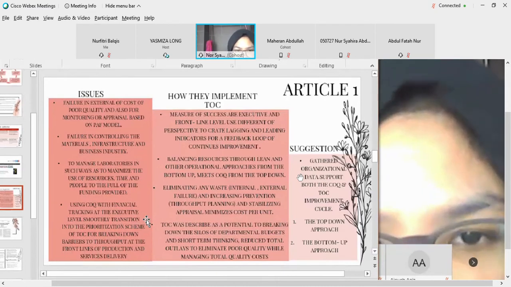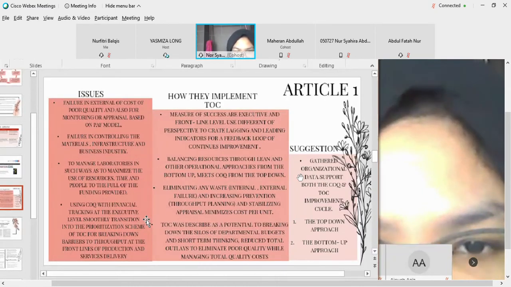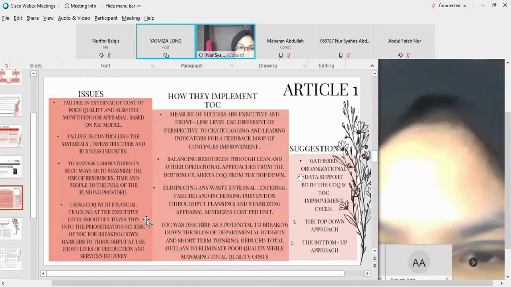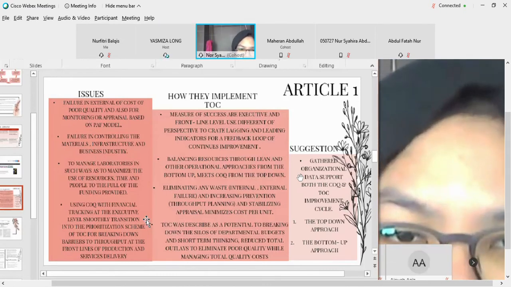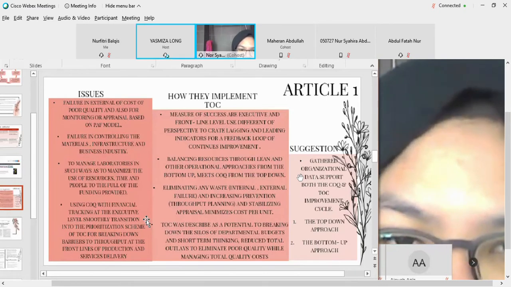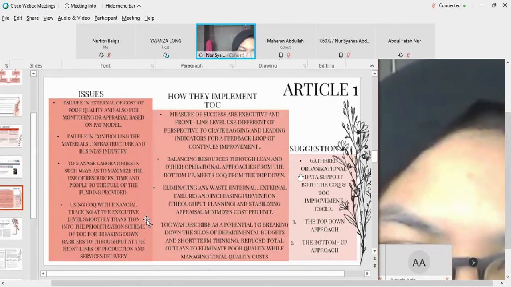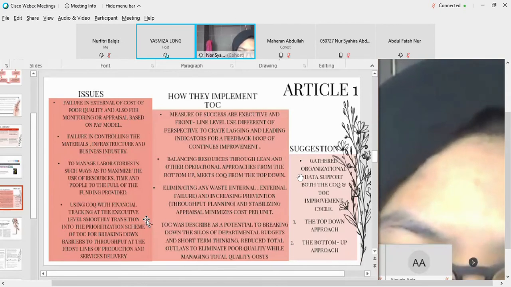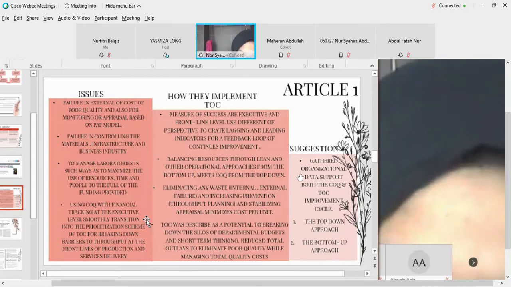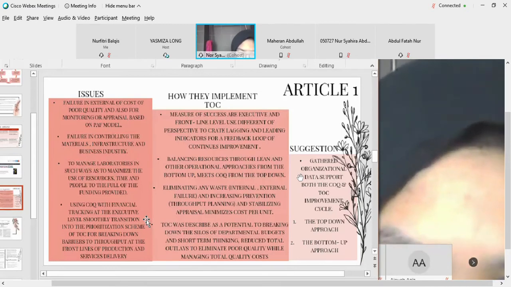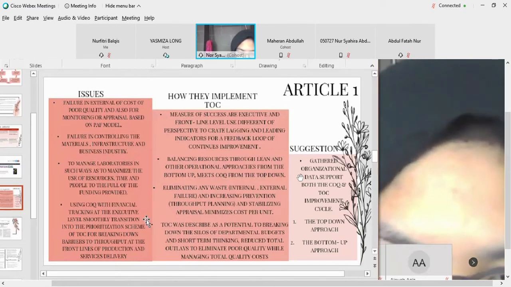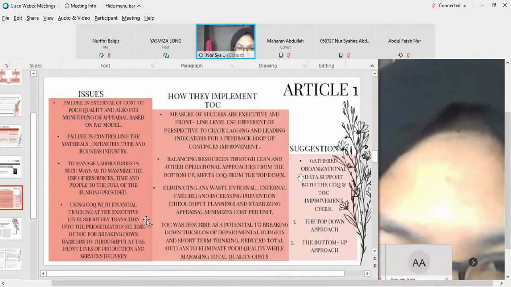Failure in controlling the materials in infrastructure and business industry. Manage laboratories in such ways as to maximize the use of resources, time and people to the full of the funding provided. Using COQ with financial tracking at the executive level smoothly transitions into the prioritization scheme of TOC for breaking down barriers to throughput at the front lines of production and services delivery.